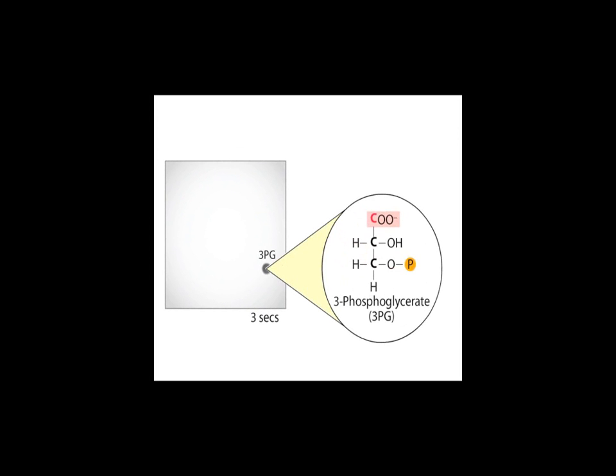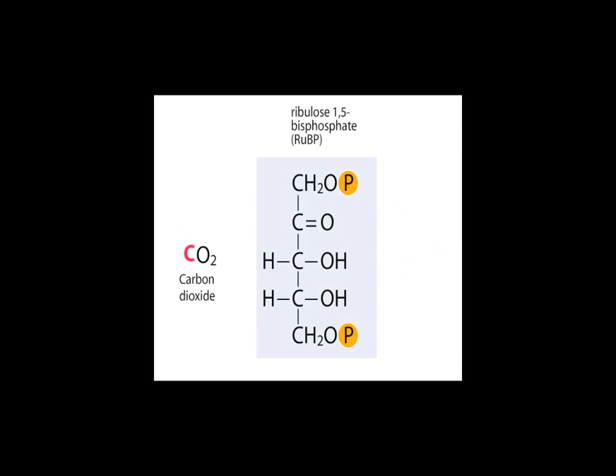This compound, which became labeled after just a few seconds of exposure, was identified as a 3-carbon sugar phosphate called 3-phosphoglycerate, or 3PG. The researchers eventually identified the acceptor molecule for carbon dioxide as the 5-carbon compound ribulose bisphosphate, or RuBP.